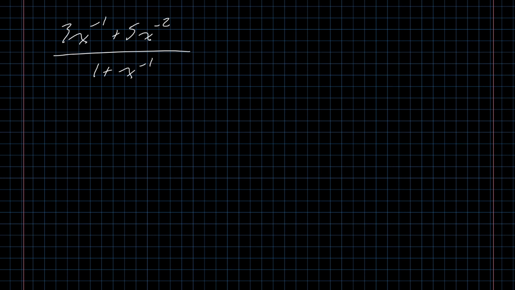The expression I want to look at is this expression, 3x to the negative first plus 5x to the negative second, all over 1 plus x to the negative first. This expression has negative exponents and a fraction bar, and you're not allowed to have both.